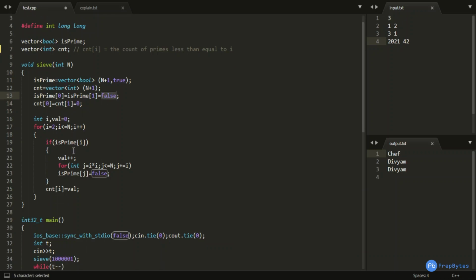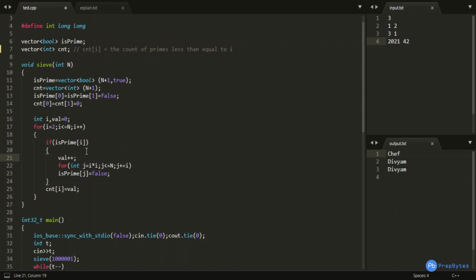Now I am looping from 2 to n, and I am checking if the ith index has the boolean value for prime as true or not. If it is true, then I am incrementing this val counter. Val is initially declared as 0 and it is incremented whenever we get some prime number.